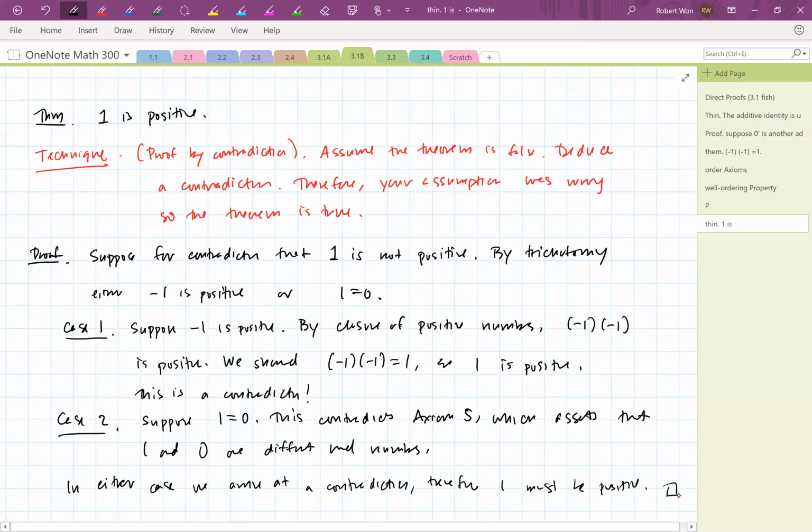Okay, so now we have a positive number. The multiplicative identity must be positive. Okay, so like I said, you'll have more problems where you'll have to go directly from the axioms, but you'll also have a bunch of problems from now on where you don't have to do everything directly from the axioms.